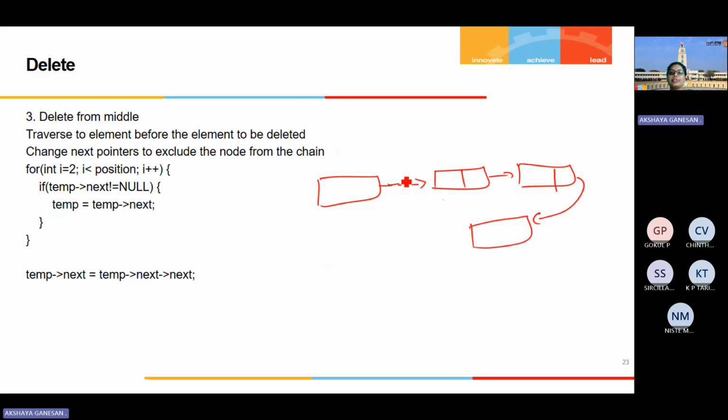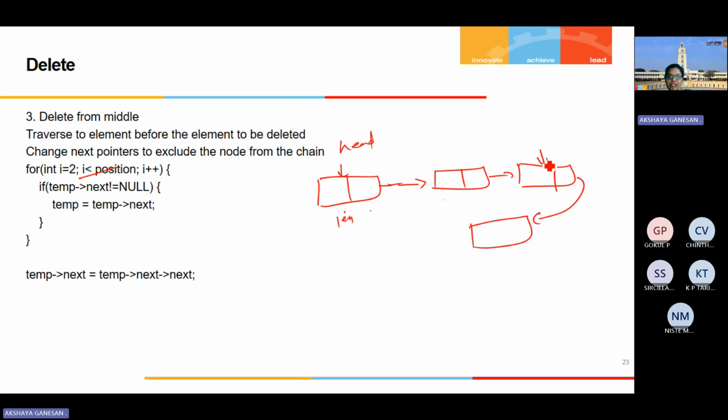After you go to the current, say I want to delete this particular node. So you get the position and you use head and you create a temp. So temp will go to temp of next until it reaches the position, that is, however many times the position says.